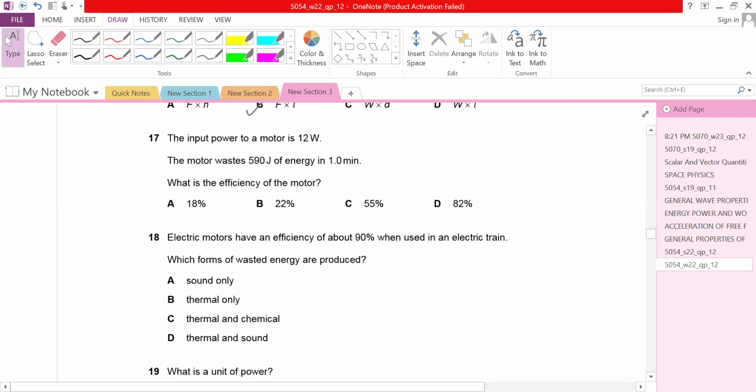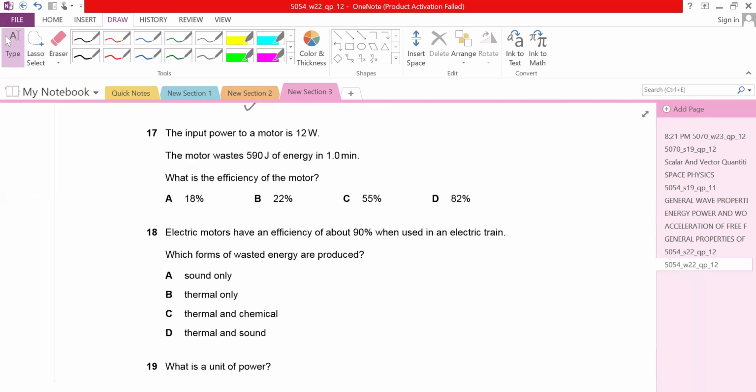Then question number 17. The input power to a motor is 12 watts. The motor wastes 590 joules in 1 minute. What is the efficiency of the motor? For this, you need to remember that power is the energy per unit time. So the energy wasted is 590 joules for each minute.